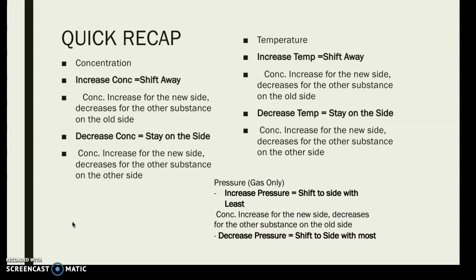Those are your molecules. So when we increase pressure, you're going to go to the side with the least amount, and you're going to increase the concentration of the substances on that side. The other side would decrease by default. And when you decrease pressure, you're going to shift to the side with the most, and you're going to increase that side because that's where pressure is.